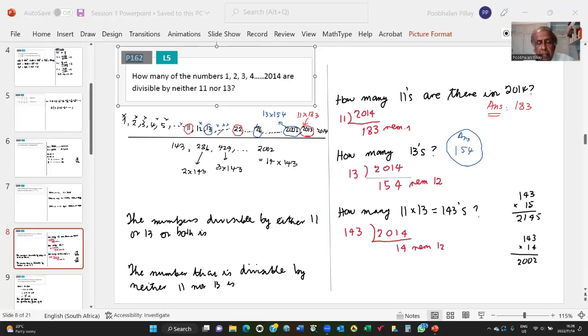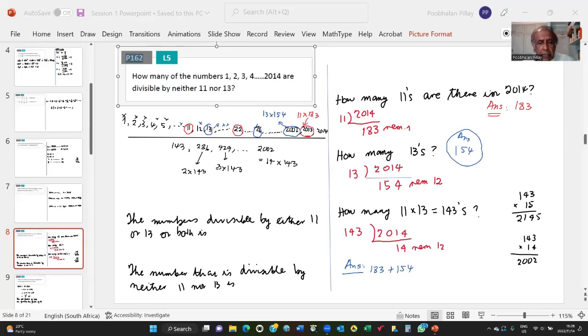Well, to do that, you have to ask yourself how many numbers are actually circled. All right. So it looks as if you've got 183 plus 154. So all the reds and all the blues, the 183 reds, 154 blues.